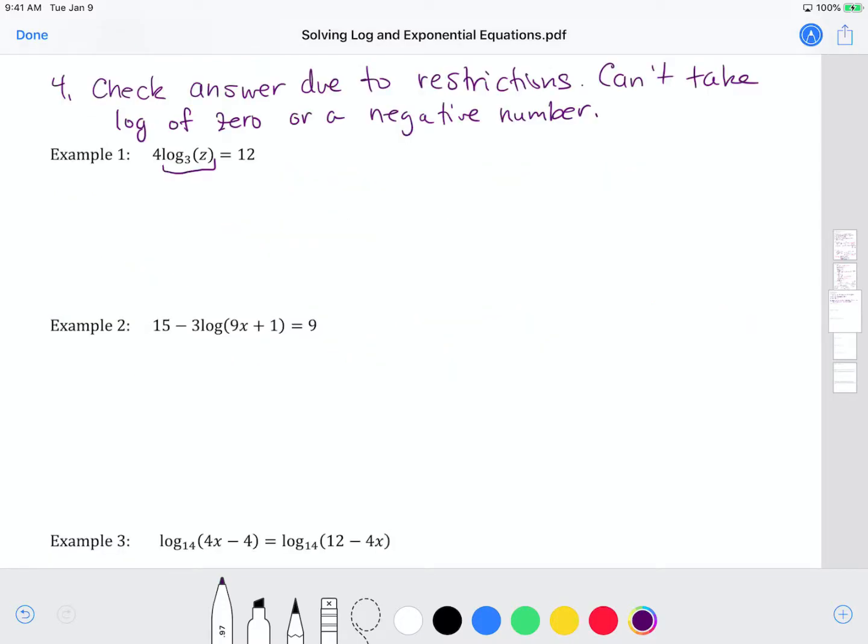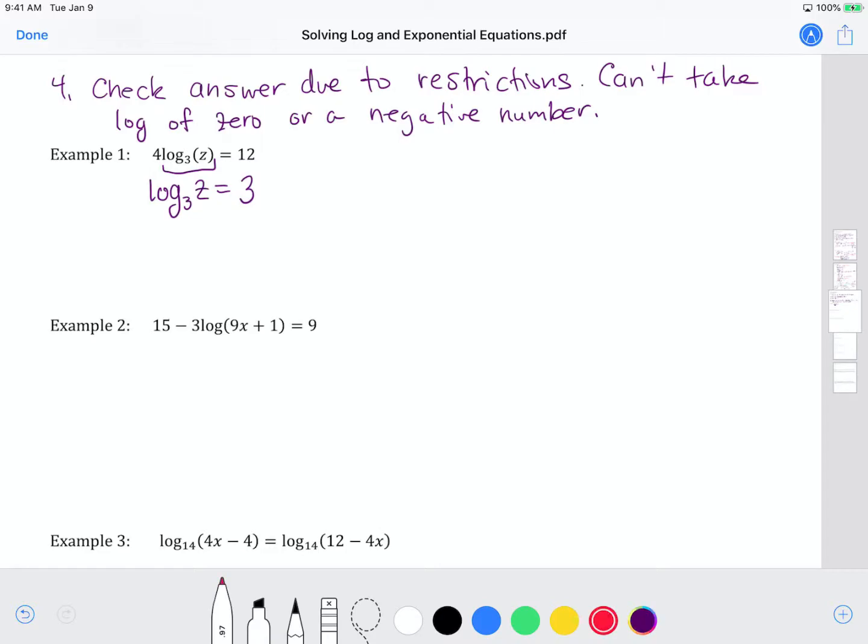In this example, we only have one log, so we don't have to worry about getting all the logs to one side. However, we do have to isolate that log. It's already condensed, but we do have to divide both sides by 4. So I'm going to take 12 divided by 4, and I'm going to get 3 on the other side.